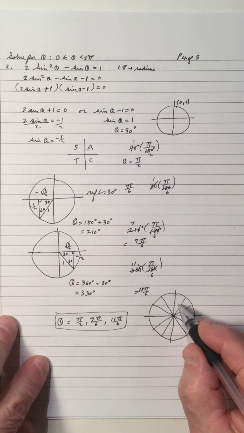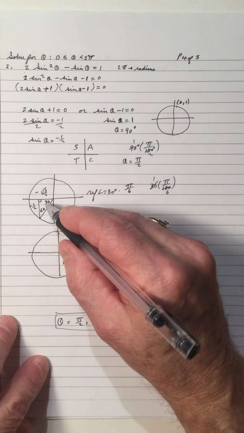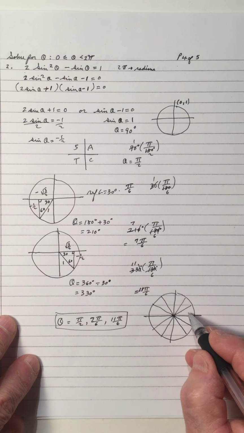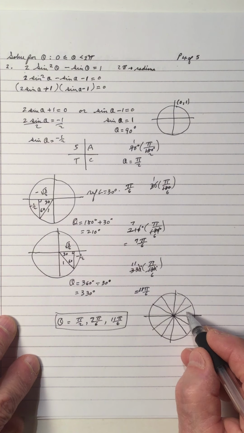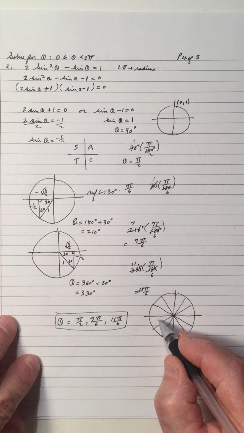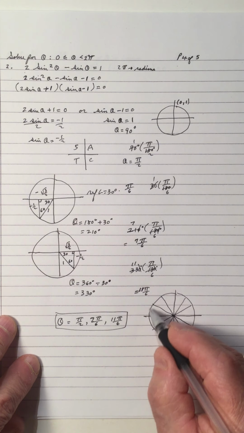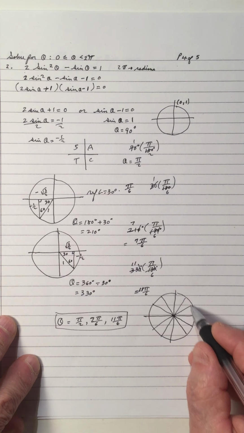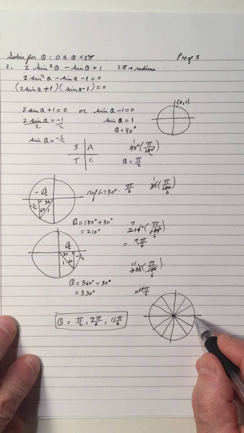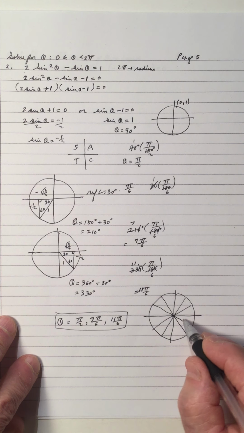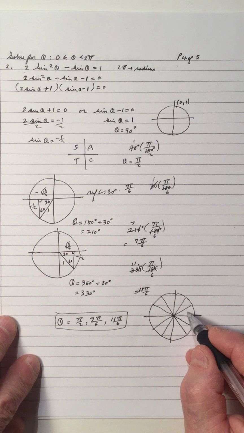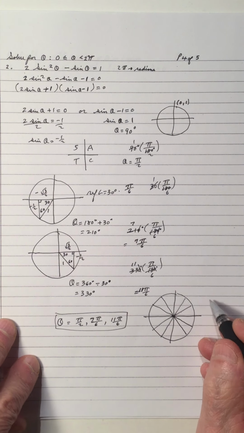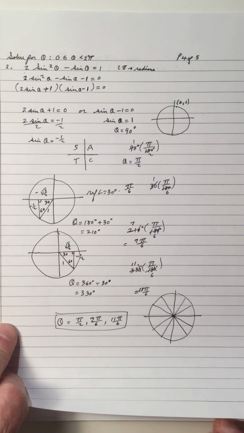So if you went as far as 210, 210 is 180 plus 30: 1, 2, 3, 4, 5, 6, 7. So there's 7 30s to get to the 210. And to get way over here to 330, there's 12 of them all the way around, but we left off this 30, so there's 11 of them: 1, 2, 3, 4, 5, 6, 7, 8, 9, 10, 11. Just a little bit more explanation on that.